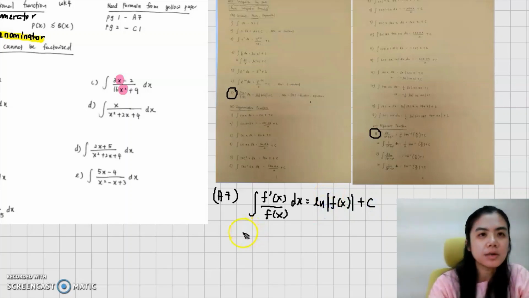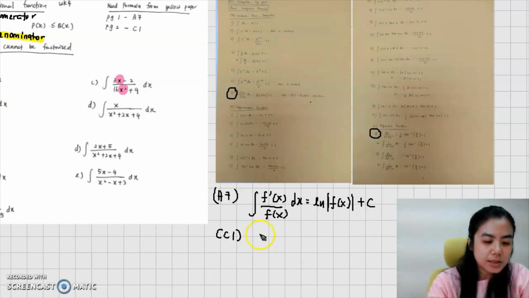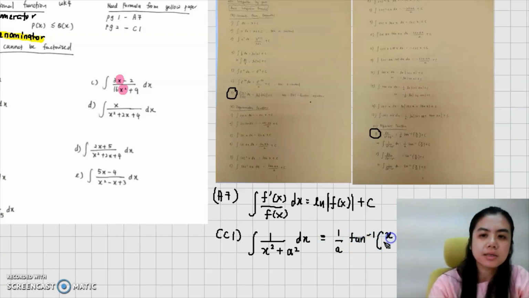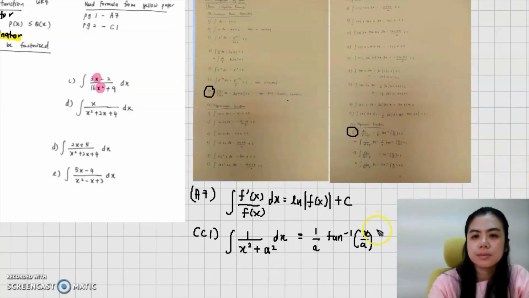The formula for page number 2, C1, is the integration of 1 over x squared plus a squared dx, which is equal to 1 over a tangent inverse, or arctangent, of x over a, plus c.